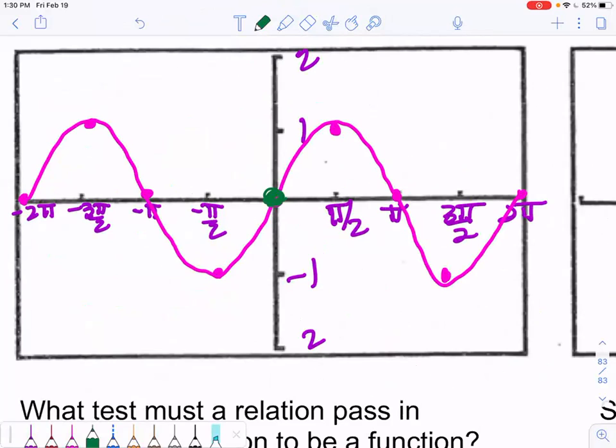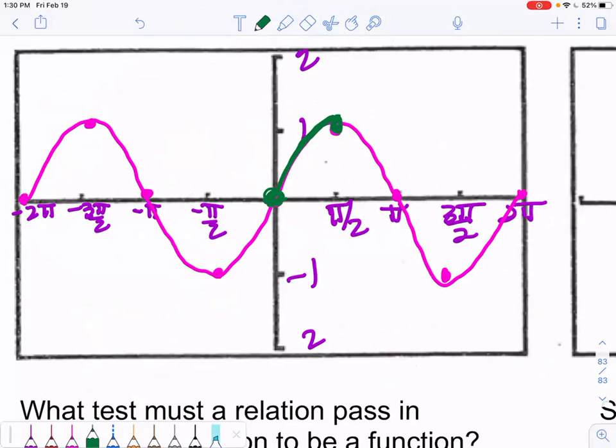and move to the right, I'm going to just trace my graph as far as I can until it would no longer pass the horizontal line test. And that would be at pi over 2. Because if I pass pi over 2 and I go down the curve, it doesn't pass the horizontal line test.